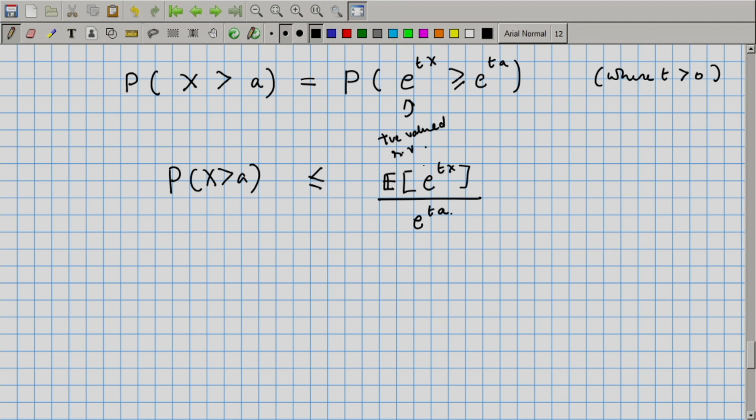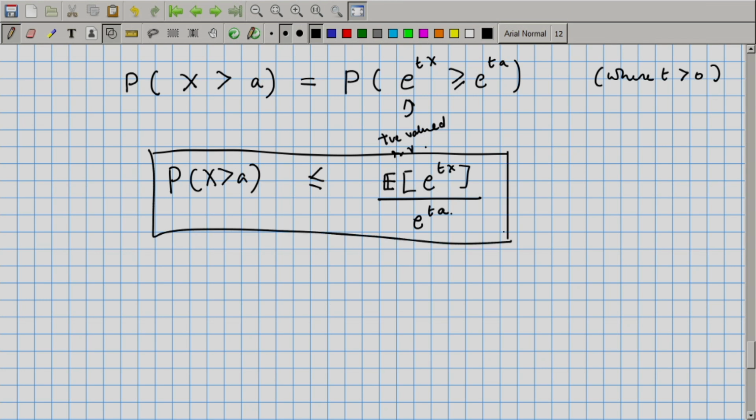Okay. Now, this statement is true for any value of t. In particular, we can choose that t which minimizes this expression. So, the probability that x is greater than a is going to be less than the minimum, chosen over all t greater than 0, of the expectation of e raised to tx divided by e raised to ta. Note that the numerator and denominator are both functions of the variable t.